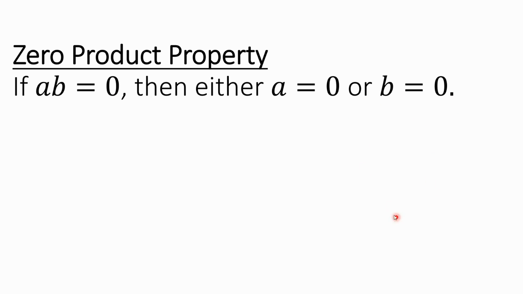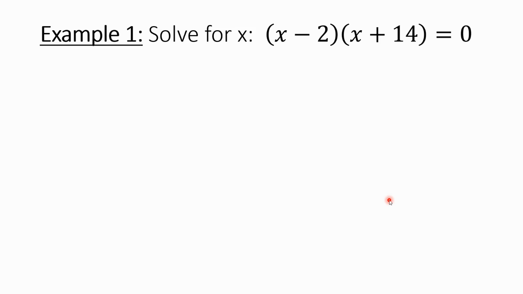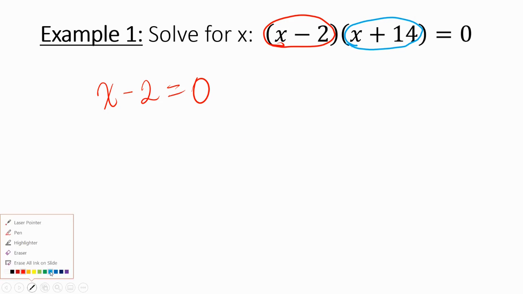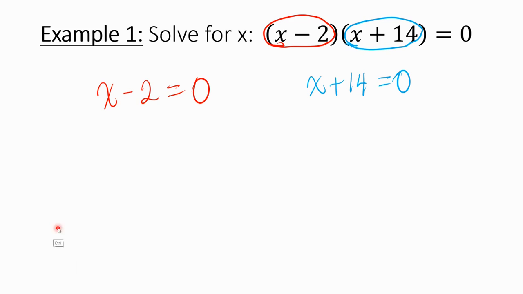Let's do example 1 together. So it tells us to solve for x. Go ahead and write it down. All right, so I have this in the first parentheses times this in the second parentheses equals 0. That means either this equals 0 or this equals 0. So what we're going to do is set both of these separately equal to 0. All right, now we need to actually solve these equations.